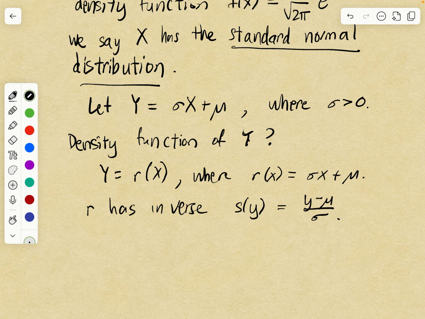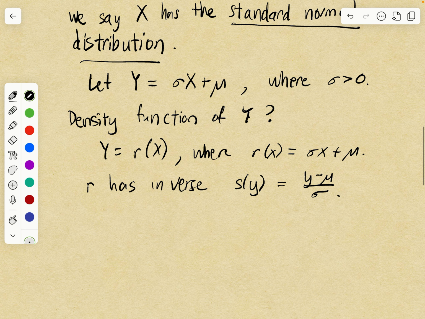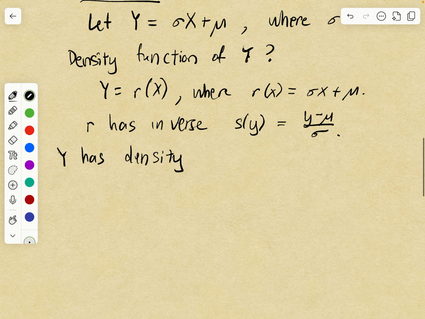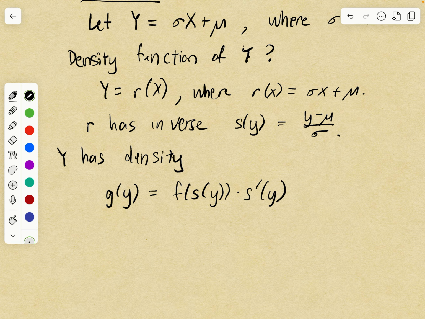And by the result that we have found, we know that y has density g of y, which is f of s of y times s prime of y. Well, s of y, we know, is y minus mu over sigma, and then s prime of y is 1 over sigma.